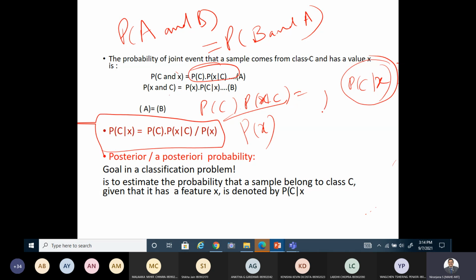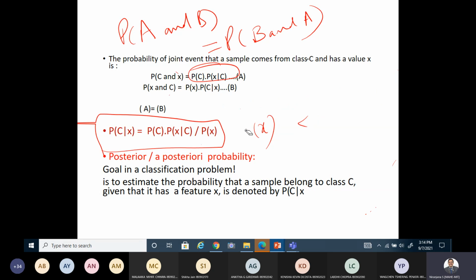I just took P of X from there to here. So this results in a relationship between probabilities that defines another probability, called the posterior probability. This probability I call the posterior probability.